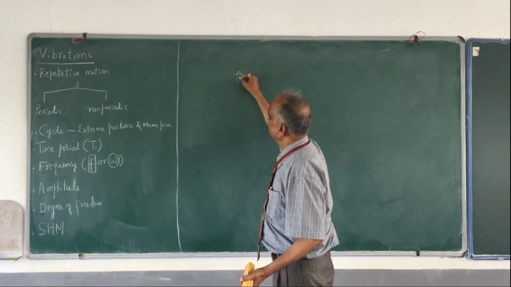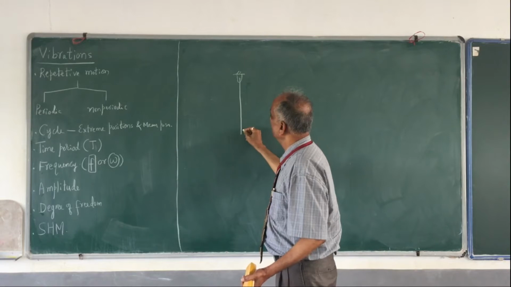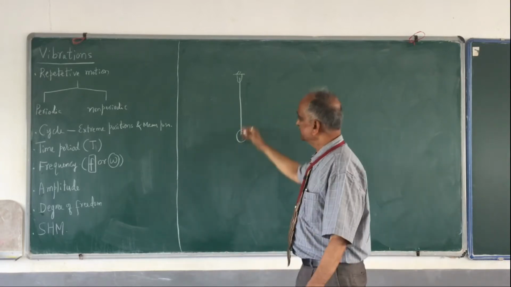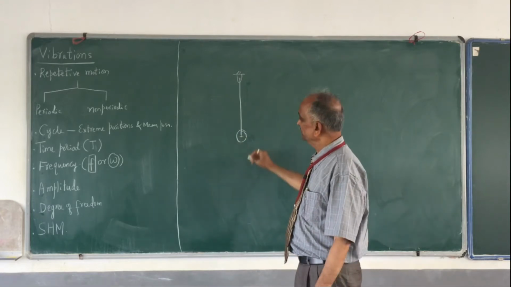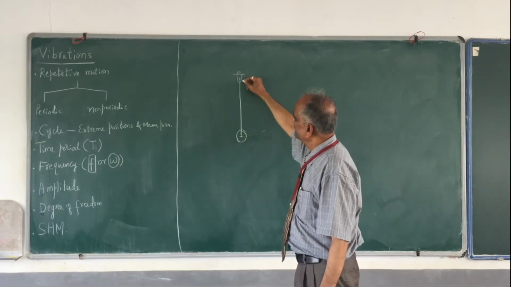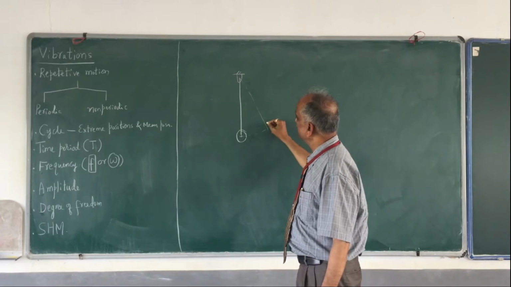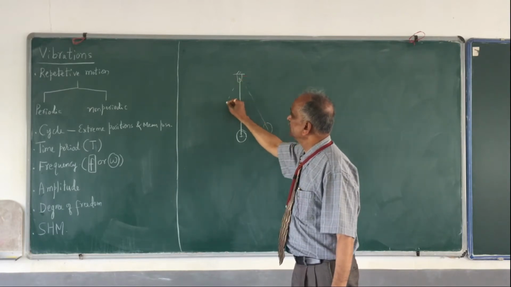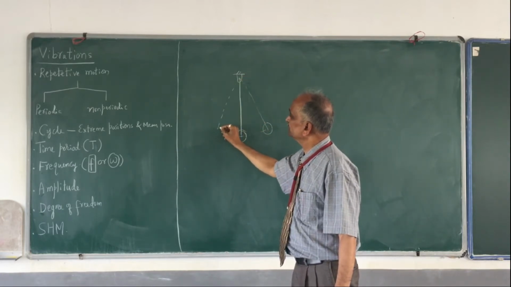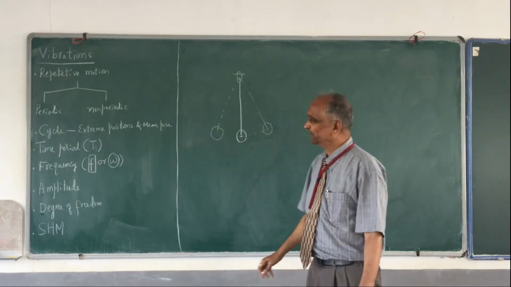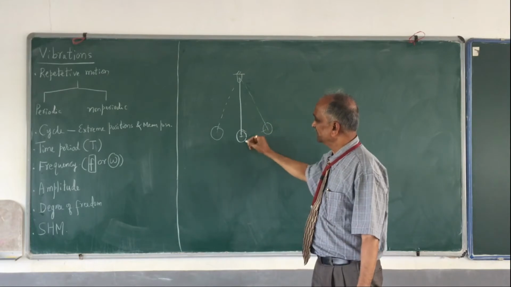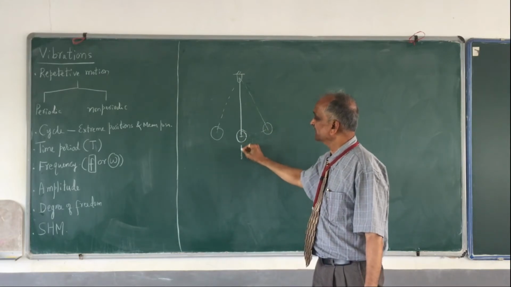So let me take the example of the simple pendulum. Whatever has been shown right now is the mean position, and say when it is vibrating, let me assume that this is one extreme position, and this is the other extreme position. If I measure the displacement, if the pendulum is on any one side, I shall take this as the reference.